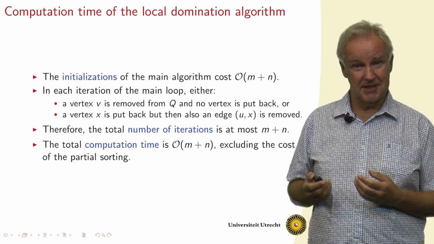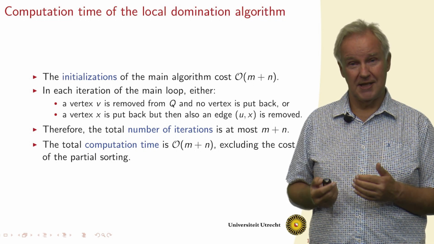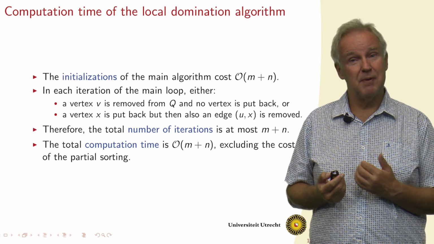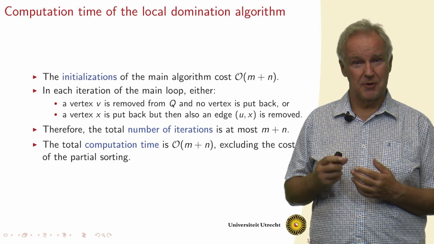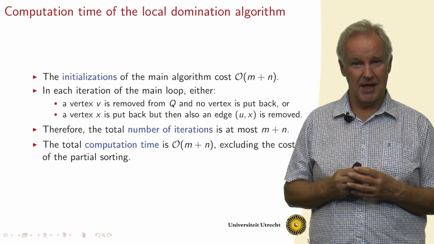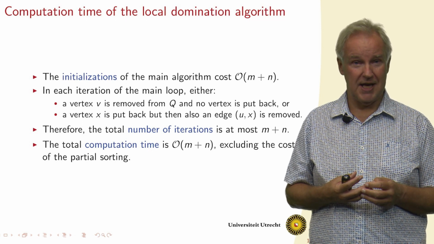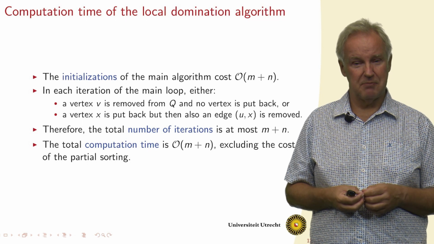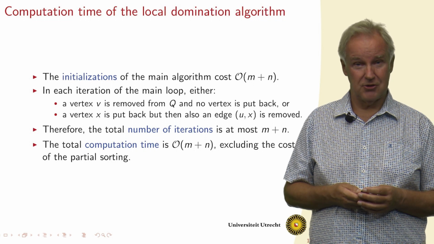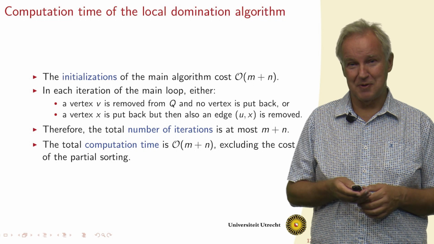But that means that the edge between a certain u and x is removed, because u gets a better suitor. So in any case, one of the two gets removed. And so in the end, the total cost is at most m plus n. And the computation time of the whole algorithm, excluding the sorting, is order m plus n, which is linear, and that's the best we can hope for.